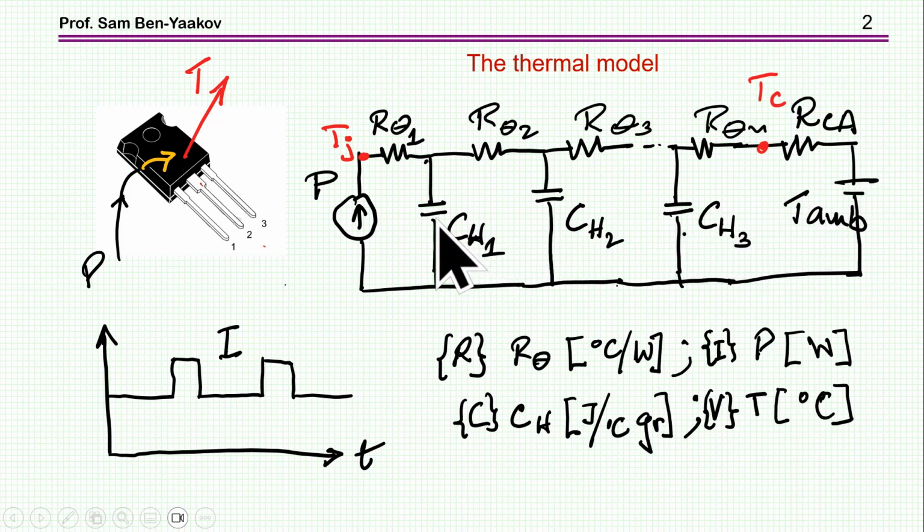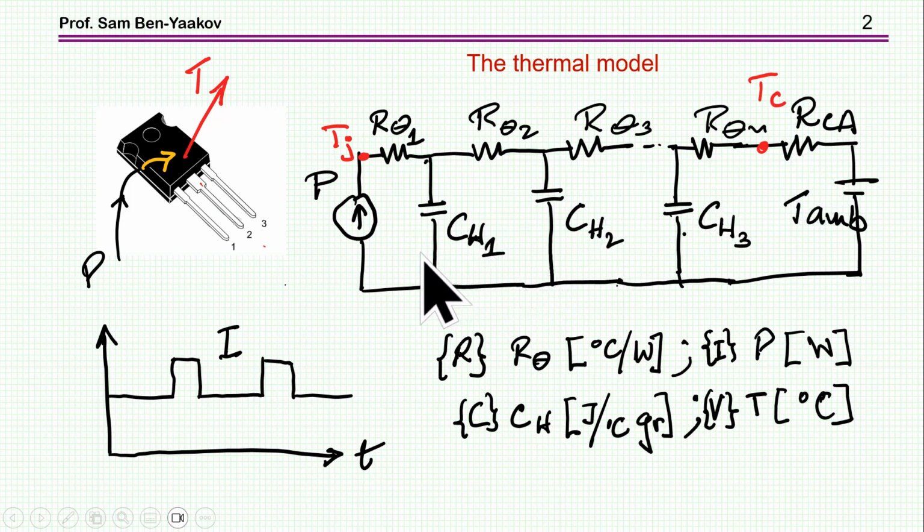Now these capacitors represent thermal capacitances, and that is the amount of heat that is absorbed by the mass. You need it for transients. In DC you don't need it. That is, for steady state you don't need it, because you just consider the resistance.